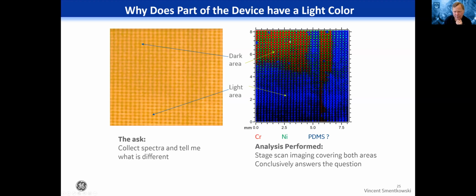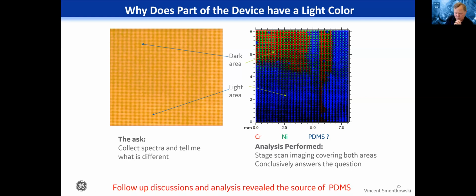In the dark areas, we're seeing exactly what we're supposed to, with the right distribution of chrome and nickel. In the areas that had the lighter color, we're finding polydimethylsiloxane, PDMS. So at first the colleague was in disbelief, like, that can't be the reason.